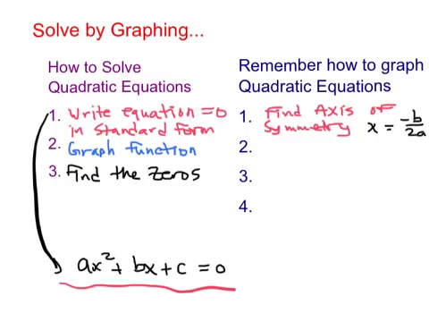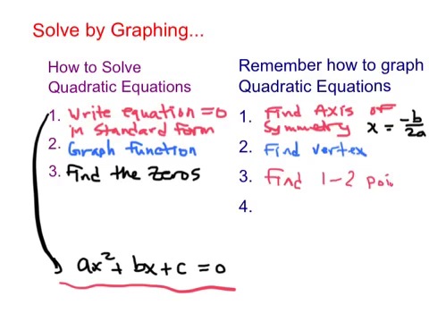Second, we need to find the vertex. The third thing is we find a couple points, so find 1 to 2 points. And then the last thing is we reflect every point that we put on our graph over our line of symmetry.